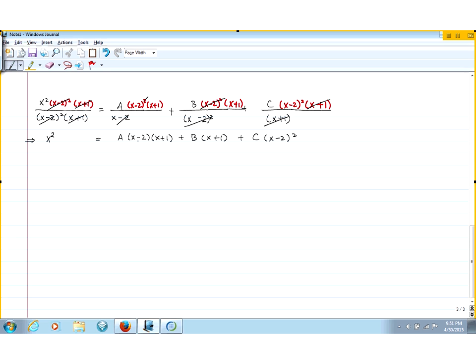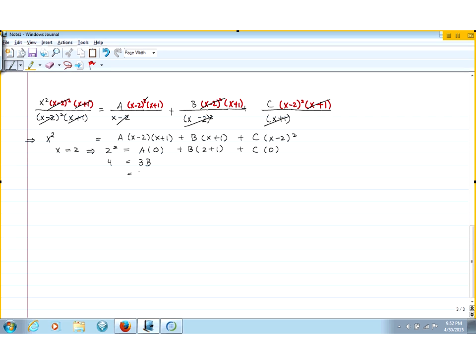Now let's see. We have to be strategic about choosing the value of x. If I choose x equals 2, then this is 0, and this is 0. Oh, so I'm going to get B. So why don't we do that? Let's choose x equals 2. Now the left-hand side is x squared, so 2 squared is equal to A times 0 anyway, since 2 minus 2 is 0, plus B times 2 plus 1, plus C times 2 minus 2, which is 0.